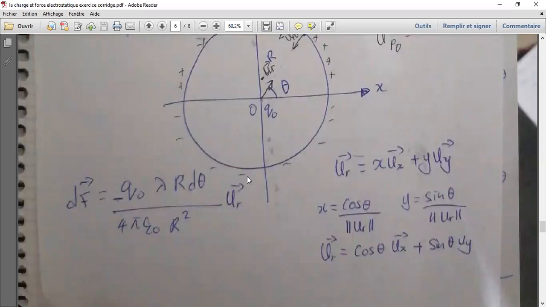So here, basically, we're just going to deal with UR. We have to change it in terms of the vector X and the vector Y. So first we changed it in terms of the polar coordinate, which is the vector UR. Then from the vector UR, we have to change it in terms of the vector X and the vector Y. So how do you do that?